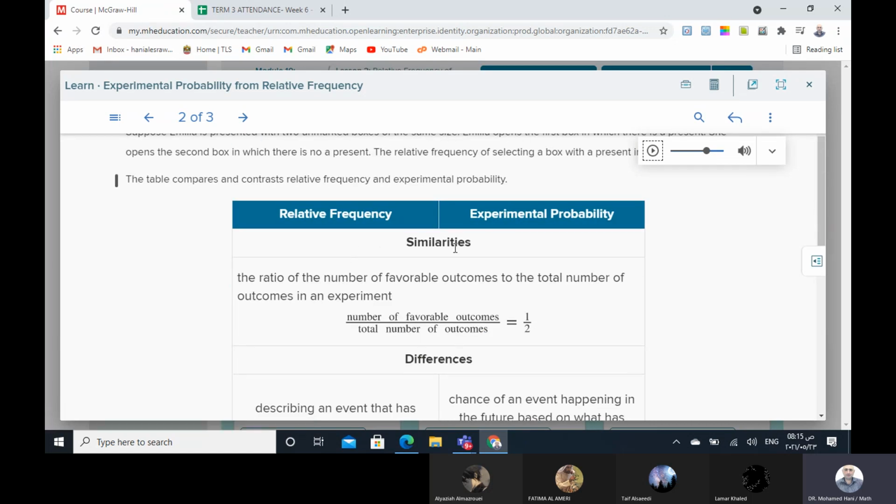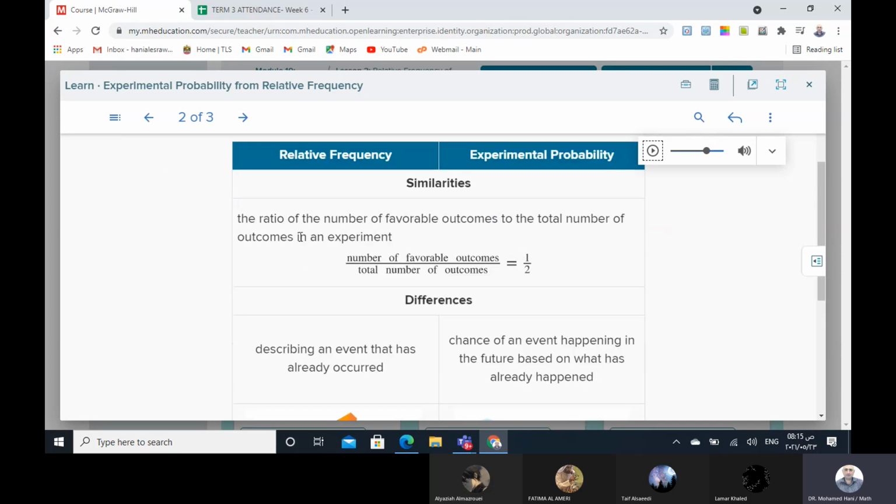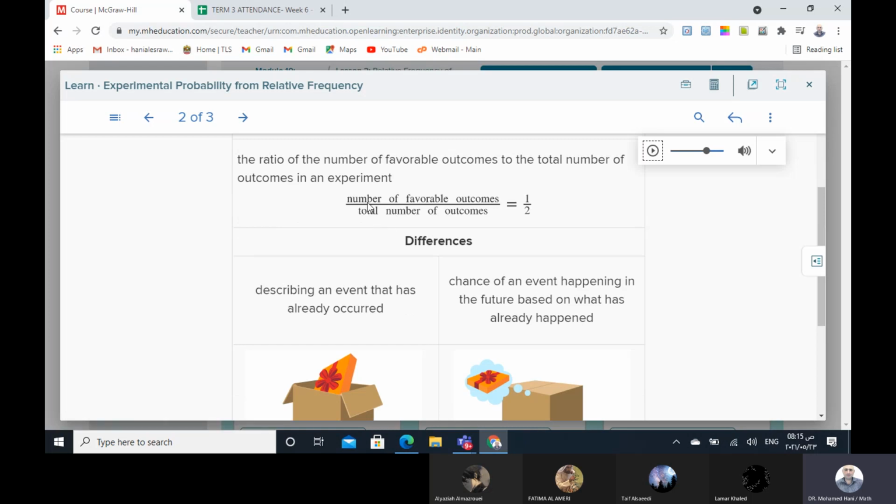Relative frequency and experimental probability similarities. The ratio of the number of favorable outcomes to the total number of outcomes is an experiment. The rule: number of favorable outcomes over total number of outcomes. We have one choice from two choices.